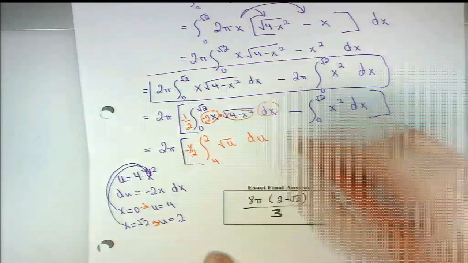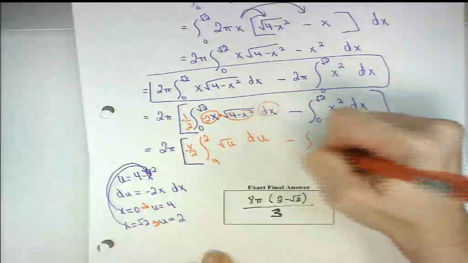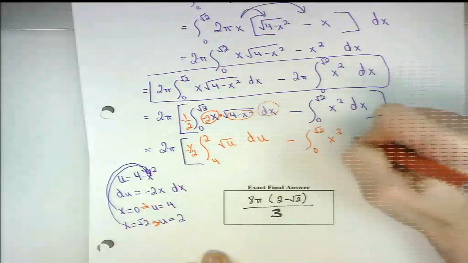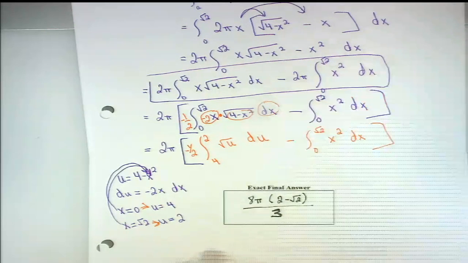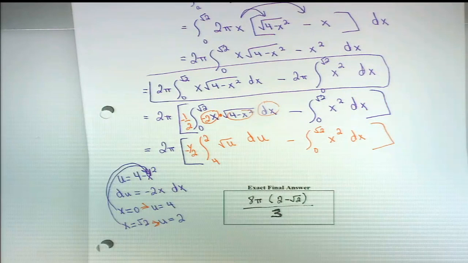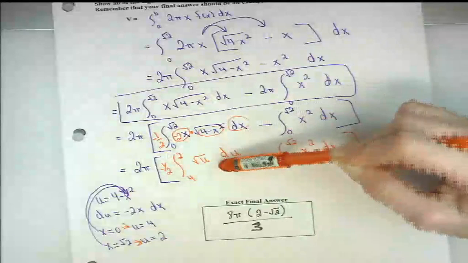For this next one, I'm not going to find any antiderivatives yet. But that one, it's okay to have in a problem two separate definite integrals where one is u-sub.